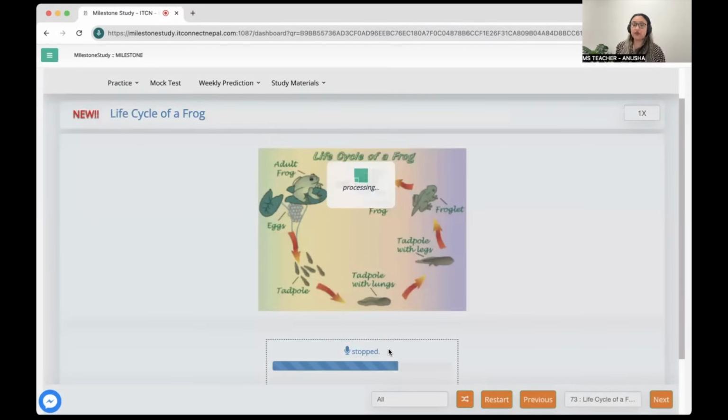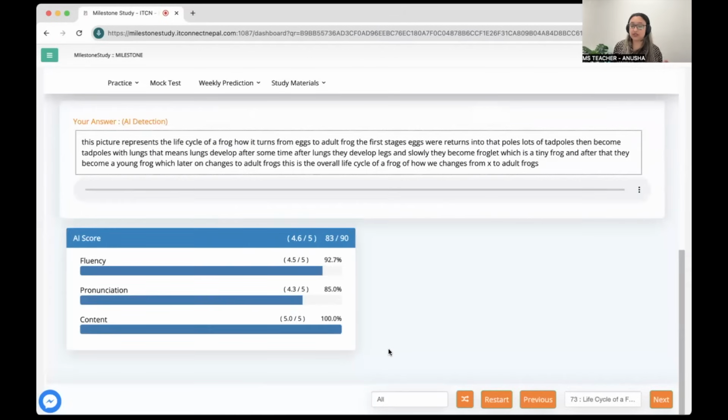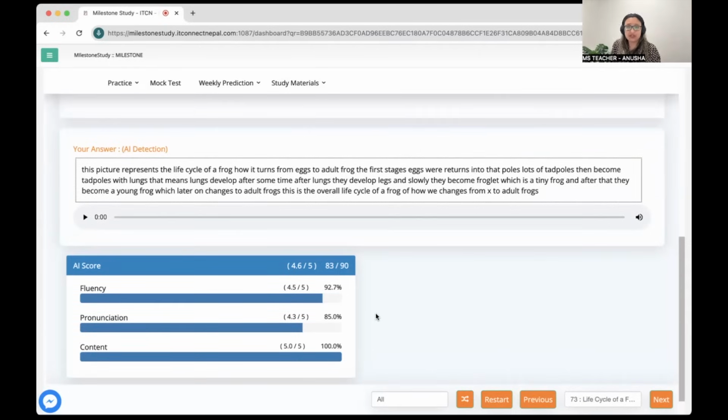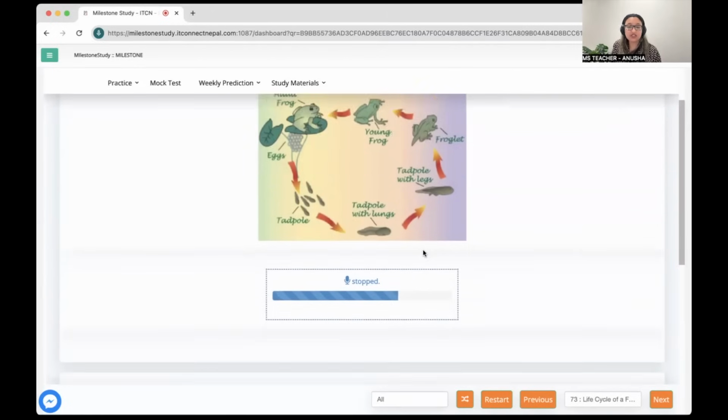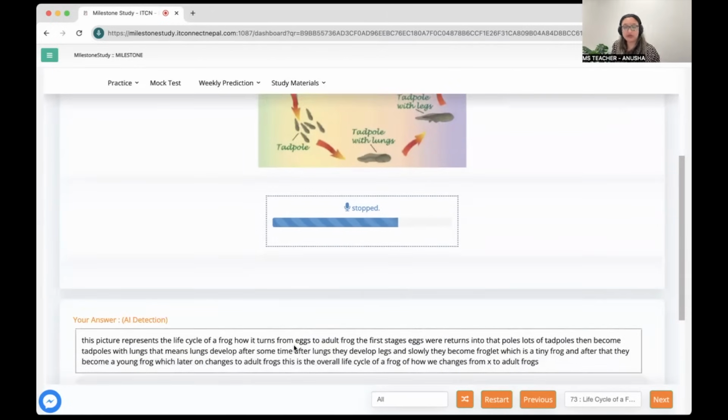Okay, now you see there were no numbers, like there was no timeline, that it turns in after 2 weeks or 4 weeks or whatever. So I just had to skip that and talk about the rest of the things. Okay, I try to extend it as much as possible. You see this first, how it turns from eggs to adult frog, that is the extension.